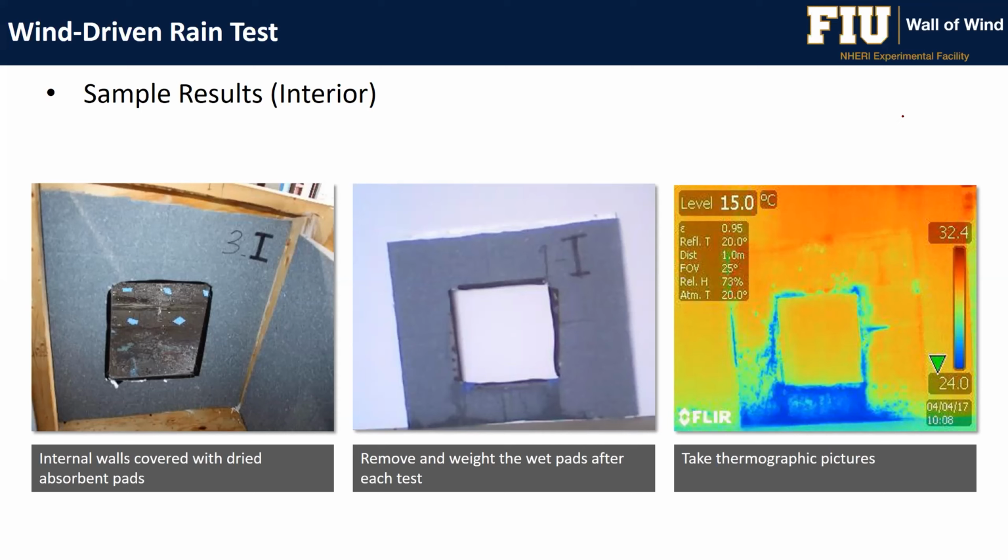By doing that, we wanted to enhance the public loss models. We can correlate the damage to the expected rain event. We use some sort of absorbent pads in order to do that. And then we had the thermographic pictures where they show the distribution on the interior surface of the house.